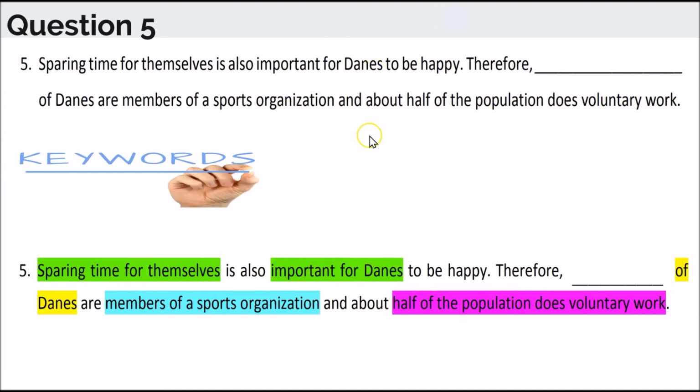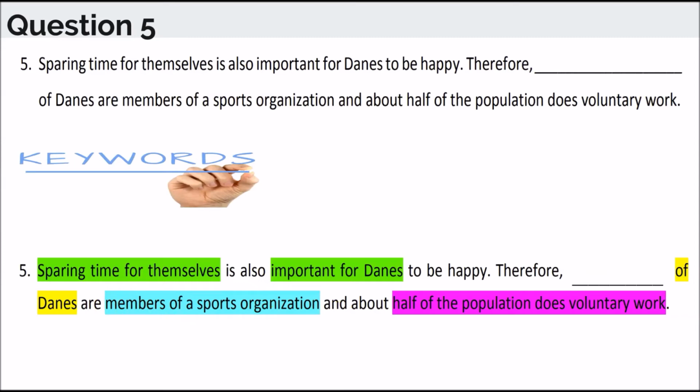Danes is important here. And sparing time for themselves is important. Sparing time, we may be looking at some synonymous word or phrase for this. And therefore happens what? Of Danes, something of Danes are members of this, right?